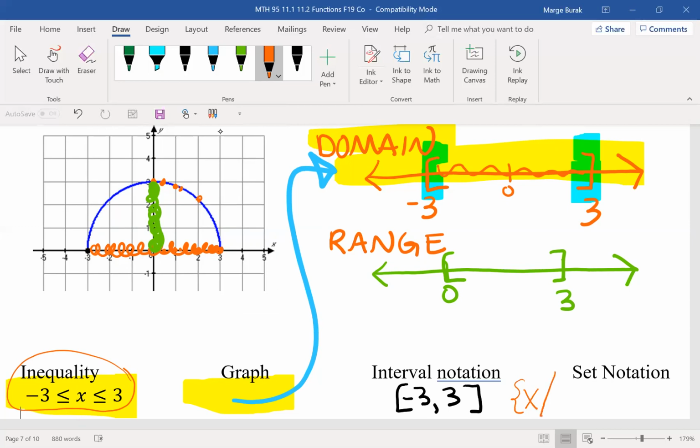So this is an x. That's actually not a slash, that's going to be a backslash. For all x, straight up and down, such that, and then they just write x is greater than or equal to -3, less than or equal to 3. Close the brace. That's set notation.